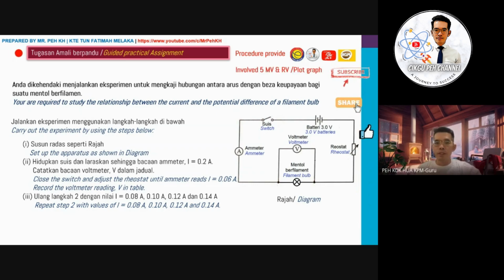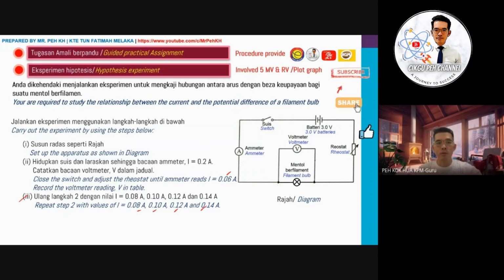And from the question we just read, we may know that about 5 MV and 5 RV are going to be measured. So we expect the question will need us to plot the graph. You can go through the question, and you may know that this type of experiment will be the hypothesis experiment. Next, you need to know all the variables involved in the experiment so that you know what you need to record.